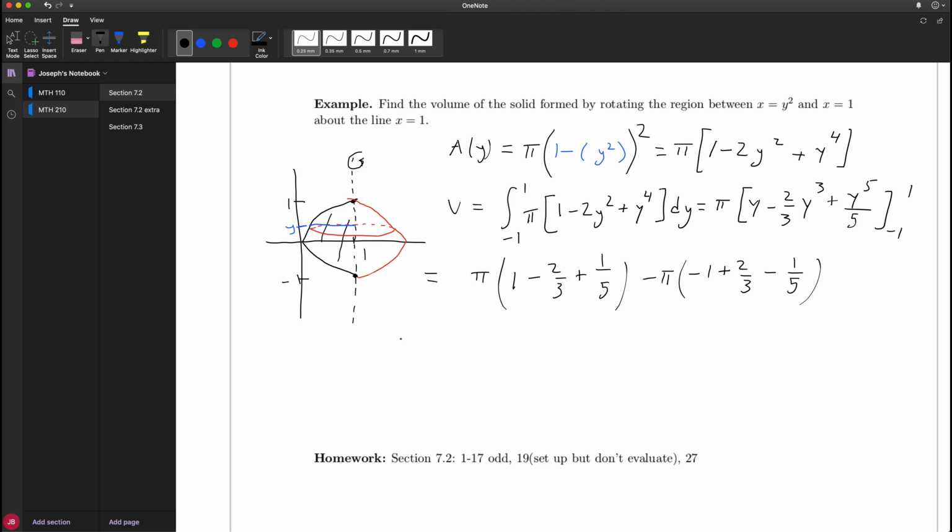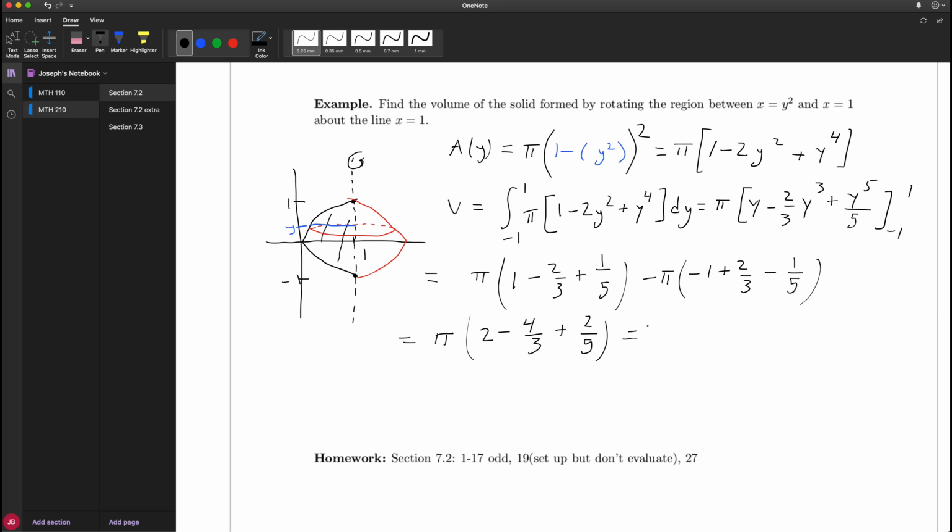And combining all into one big parentheses with pi on the outside, we get 1 minus negative 1 will be a 2. Minus 2/3 minus positive 2/3 is minus 4/3. And 1/5 minus negative 1/5, 2/5. There we go.